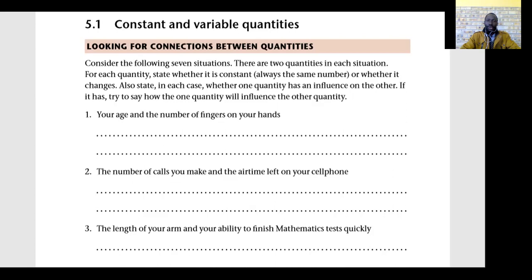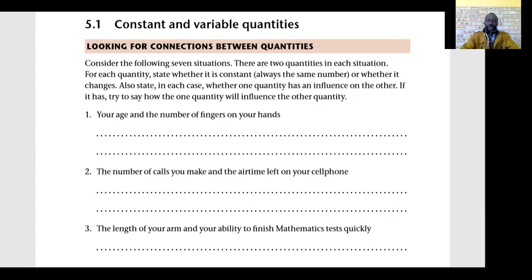The first question is for you to state whether the items are constants or they are variables. That is, for each quantity, state whether it is a constant or what.